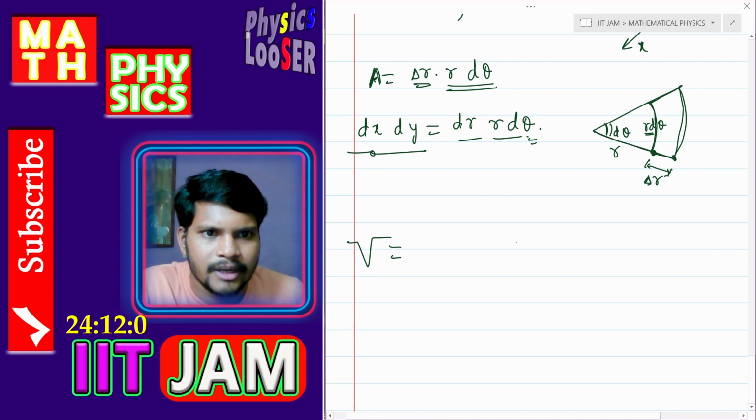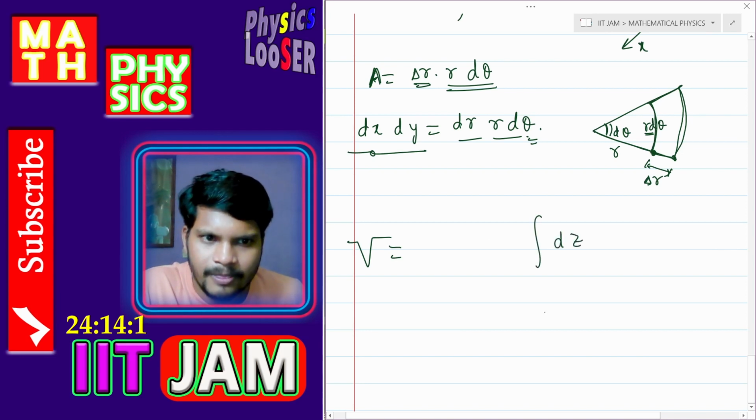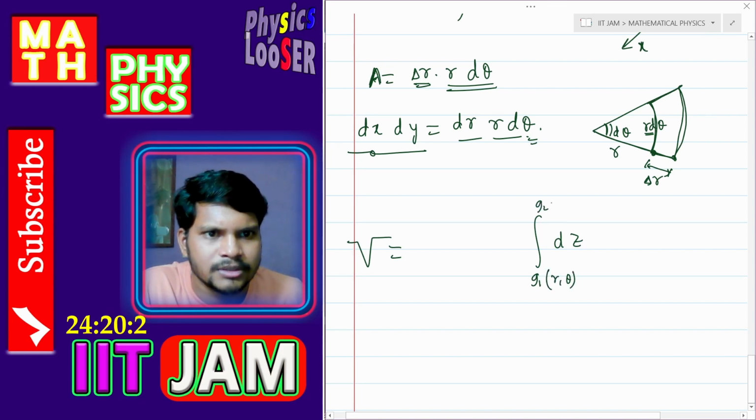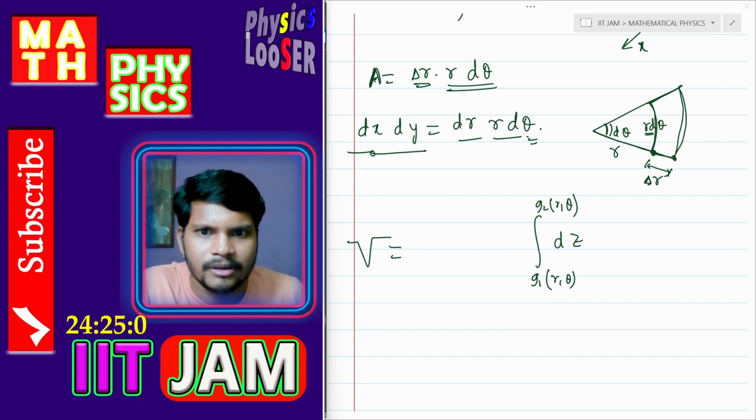The volume is written as the integral of dz from g1(r, theta) to g2(r, theta), and then I introduce here r dr.